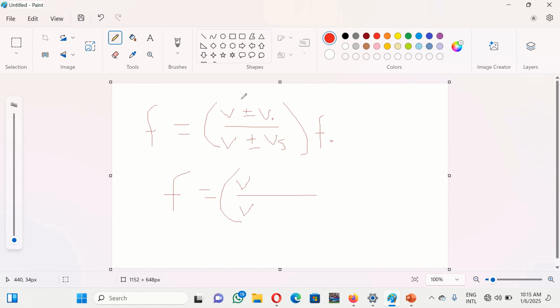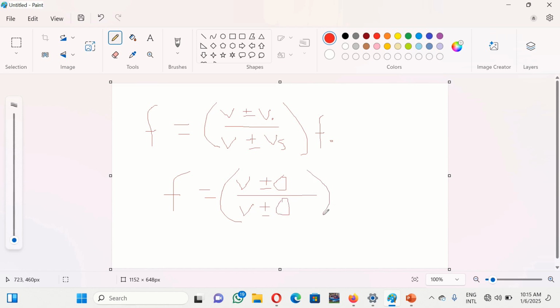Our plus or minus is still there, but the observer is stationary, so V naught becomes 0. And then the source is also stationary, so that also becomes 0.